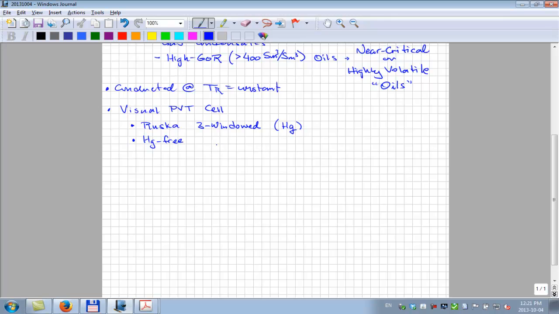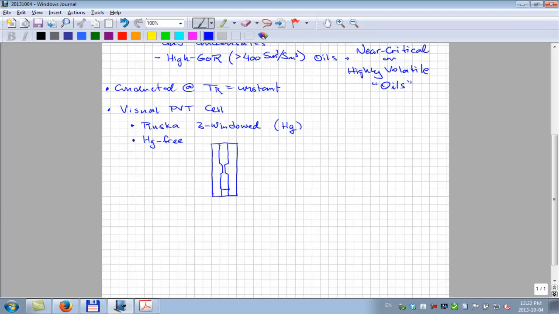I don't know all the different types, but one version would be a cell that looks something like this. Okay, something down like that.